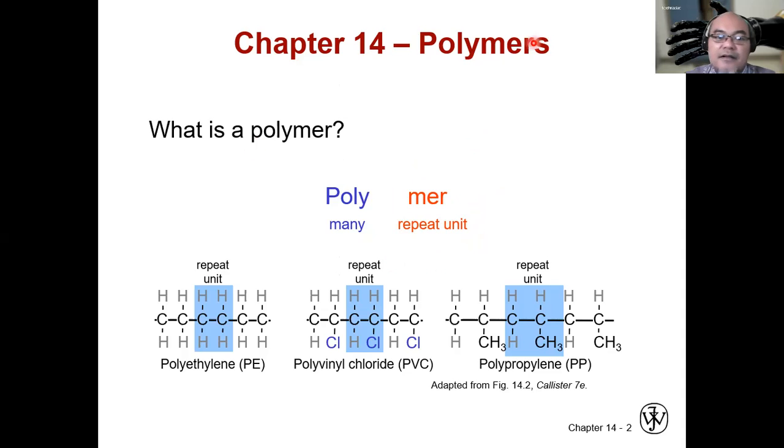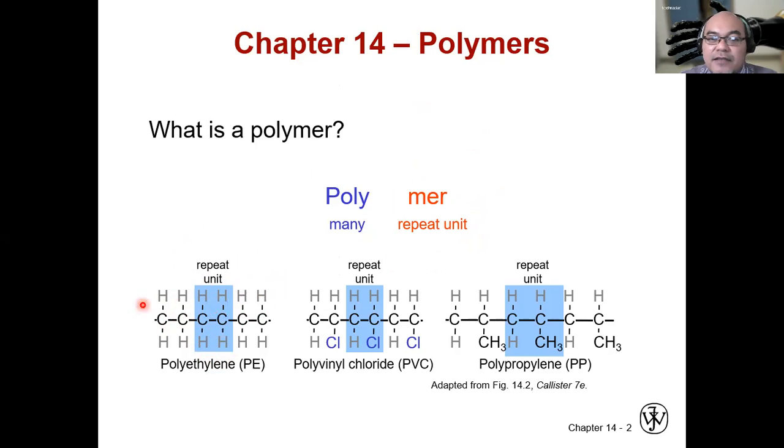Let's see some examples. Polyethylene, PE, which is used to make, for example, a plastic bottle. This consists of only carbon and hydrogen, and the basic mer here is C2H6, basically.